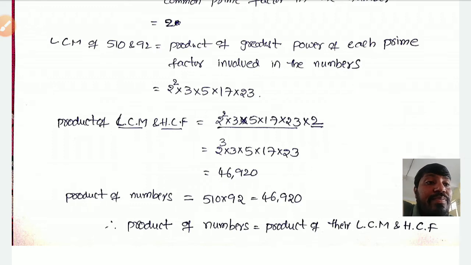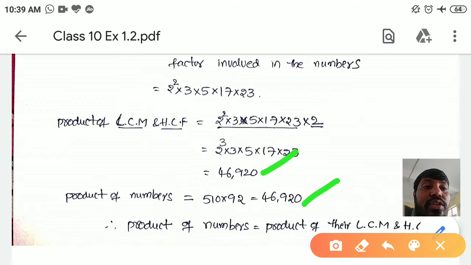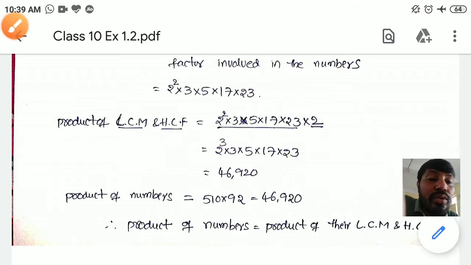The product of the given two numbers, 510 and 92, is also 46,920. So both give the same answer, 46,920. That means the product of the two numbers is equal to the product of their LCM and HCF. This is what the question asked us to prove.